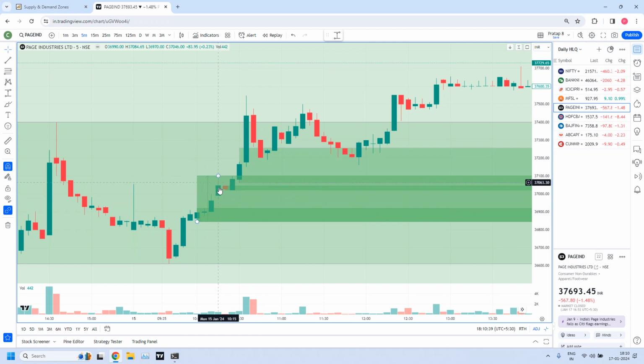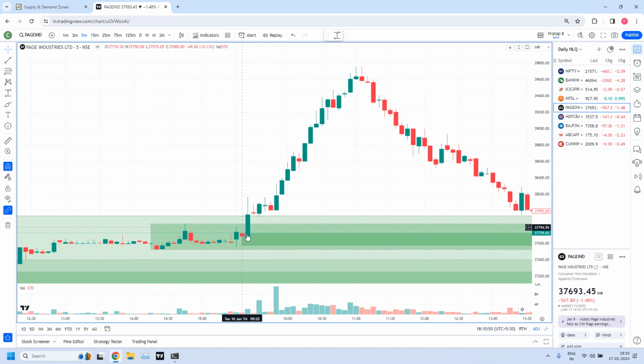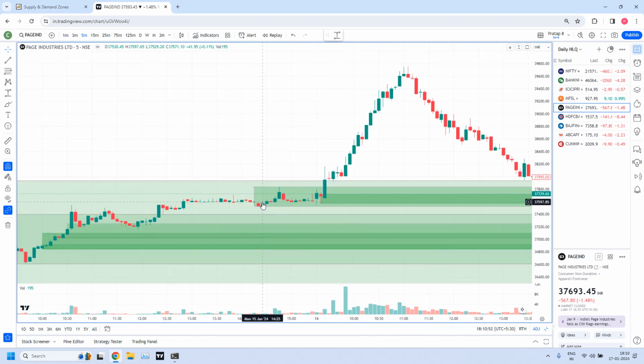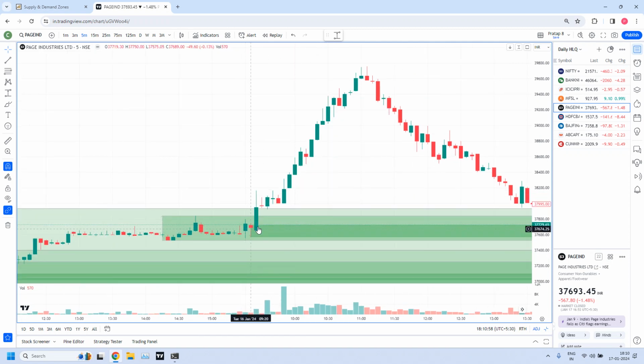Or again, you have a leg-in candle, rally, base, rally, and follow-through candles. This is the way we have drawn two 5-minute zones within this area and one more 5-minute zone within this upper zone. So this is a 75-minute zone. Inside 75, we have a 15 minutes. Inside 15 minutes, we have a very good 5-minute zone.